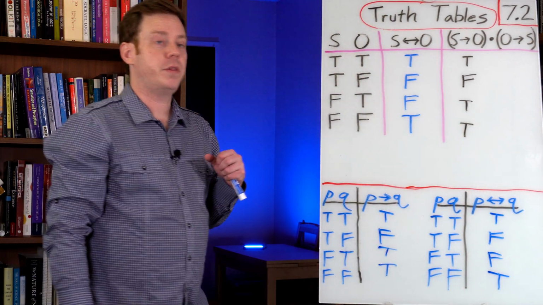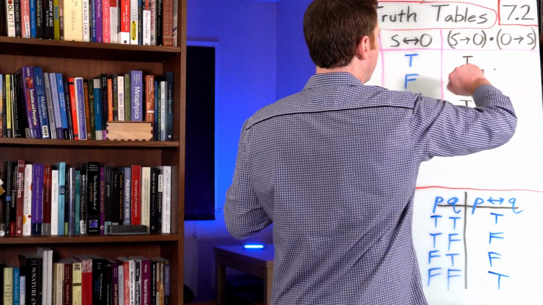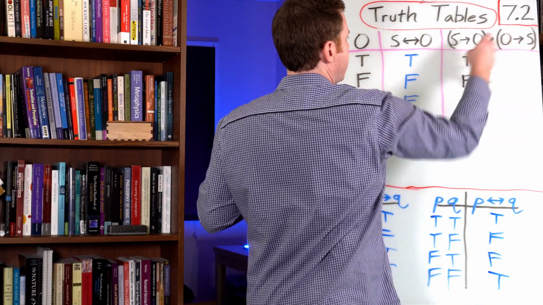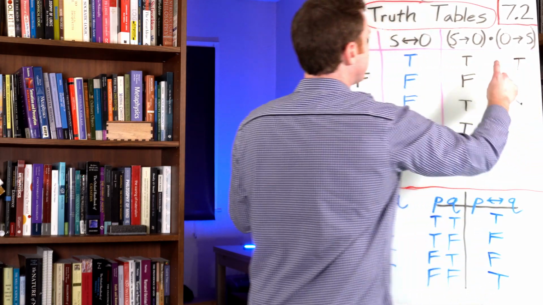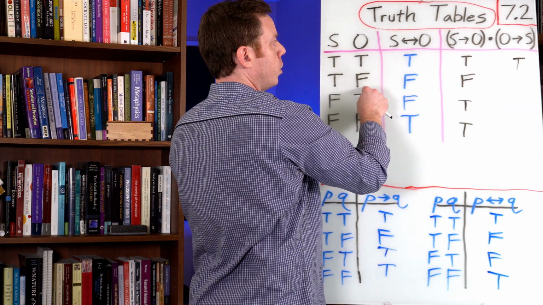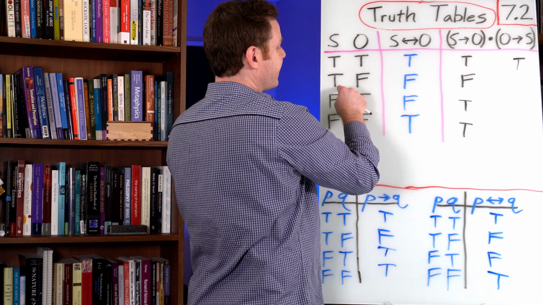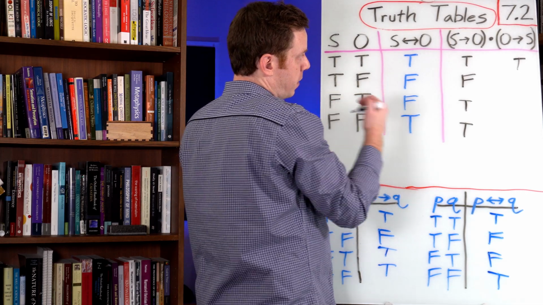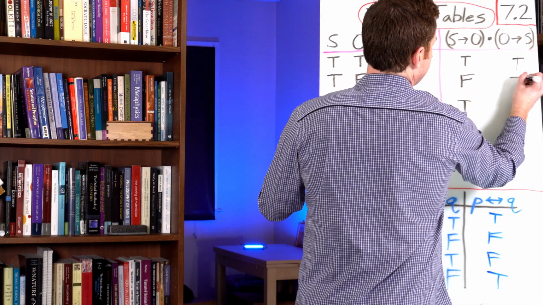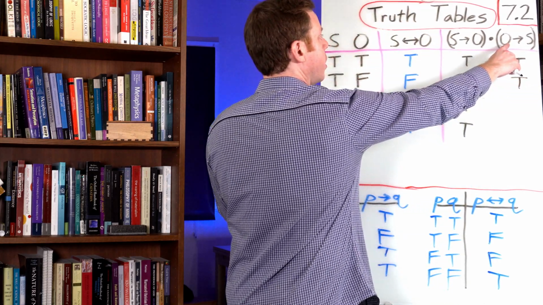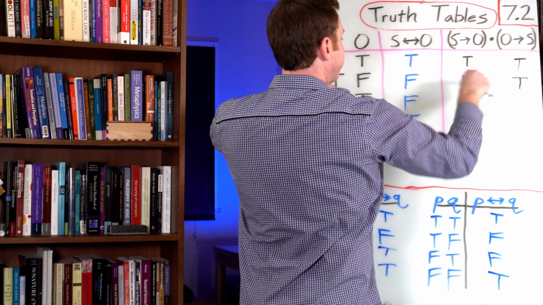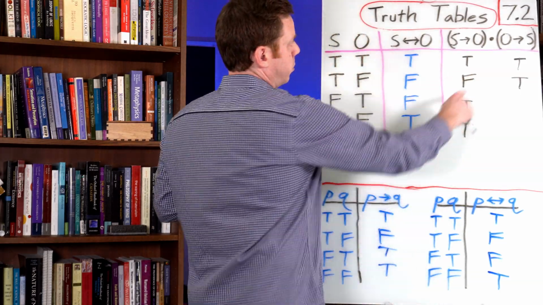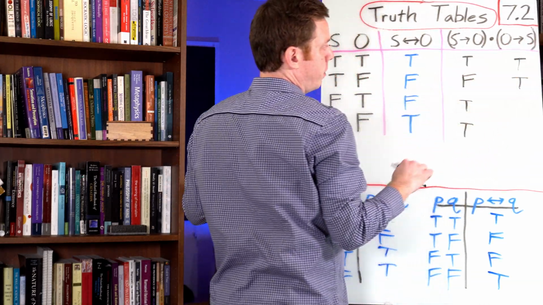Now let's do the far conditional over here. If O is true and S is true, of course, the conditional is true. If O is false and S is true, then there's no broken promise, right? Because we're saying O is false and S is true. So we're going false, true. So no broken promise.